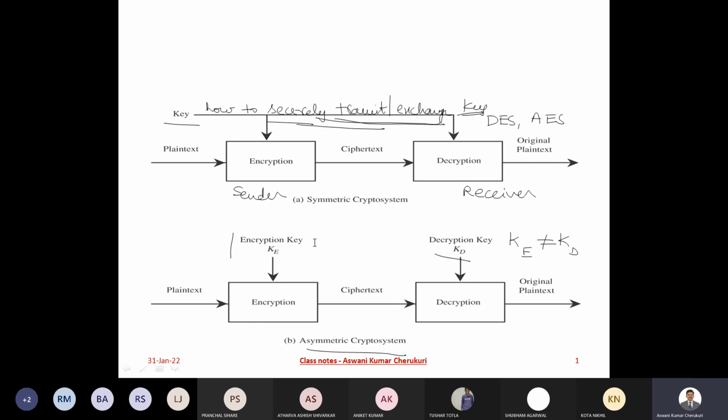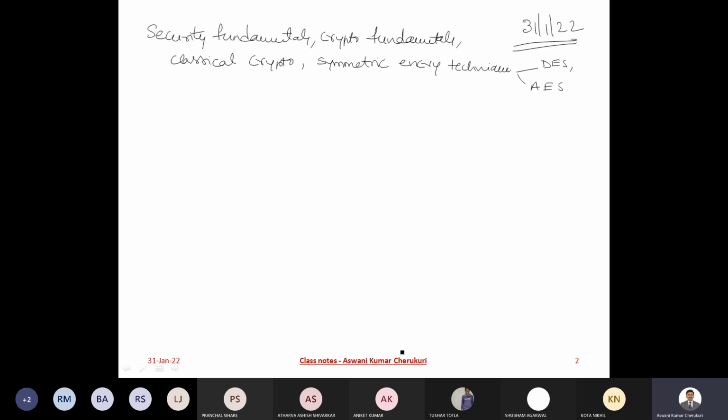Once public key or asymmetric crypto systems are introduced, we have a lot of advantages. Number one, you have overcome the problem of exchanging the key. Number two, you need not worry about typical substitution and permutation operations.